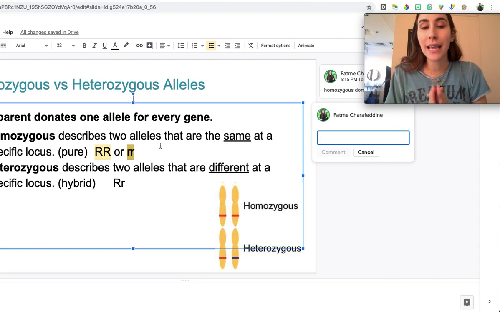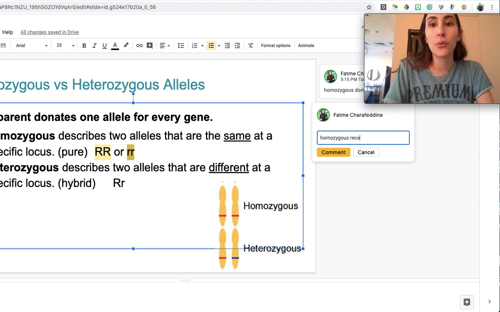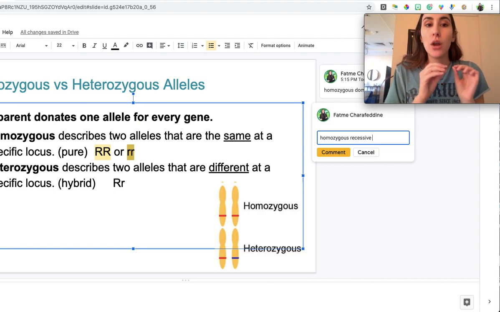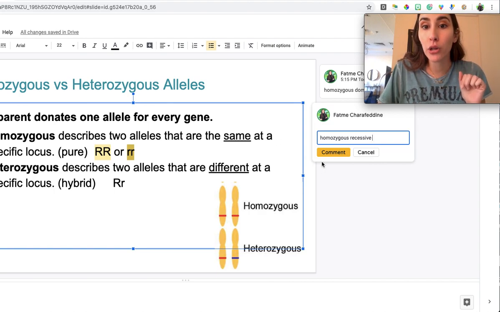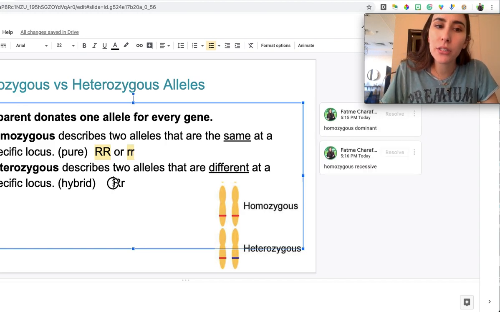No, that is a recessive allele. And therefore, if I was to ask you what kind of genotype is this, you would respond by saying it is homozygous recessive. Homozygous because there's 2 copies and they're identical. Recessive because those copies are lowercase. They are recessive alleles.